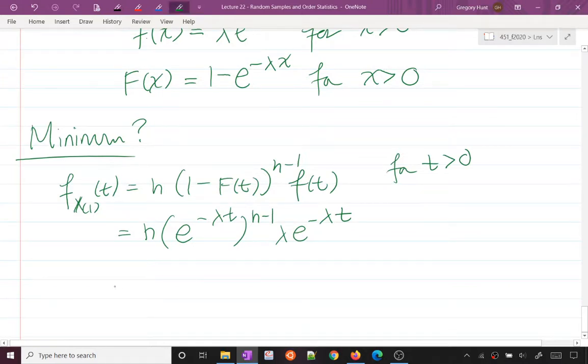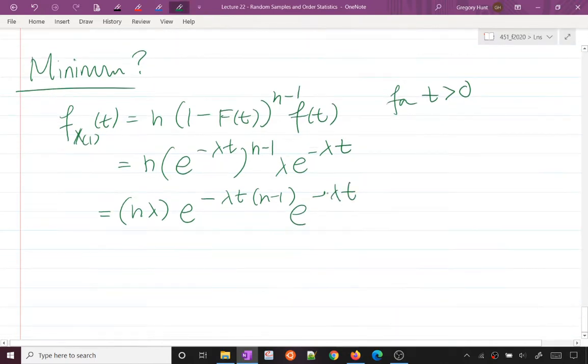And you could actually simplify this. How can we simplify this? We could say it's n lambda, and then we could combine with e to the negative lambda t times n minus 1 times e to the negative lambda t.